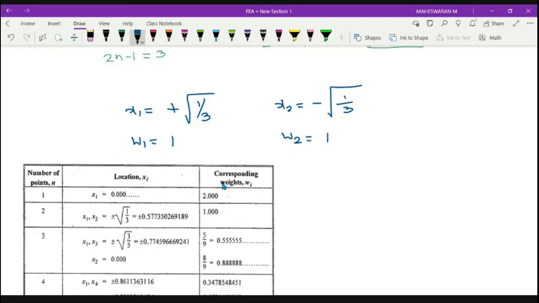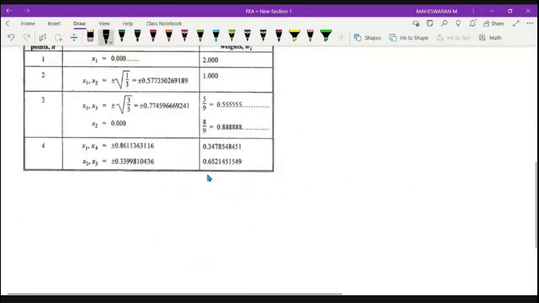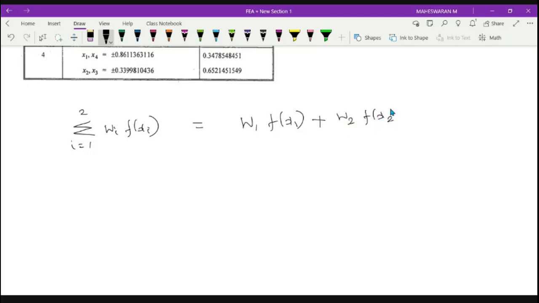Okay. So now we have to substitute accordingly. Since n is equal to 2, what is my function? The summation from i equal to 1 to 2 of wi f of xi, which is w1 f of x1 plus w2 f of x2.